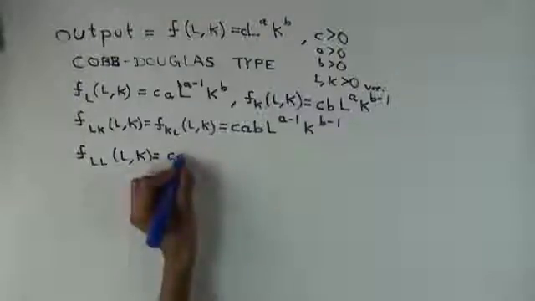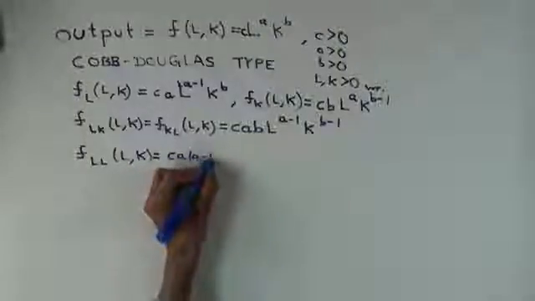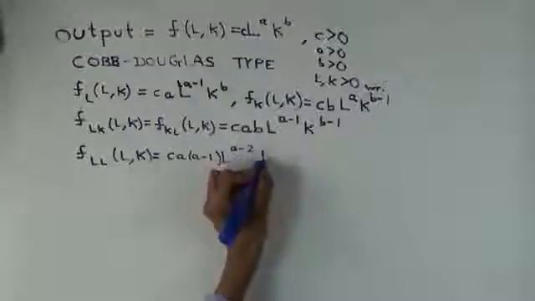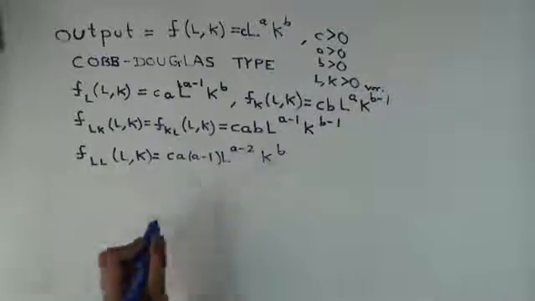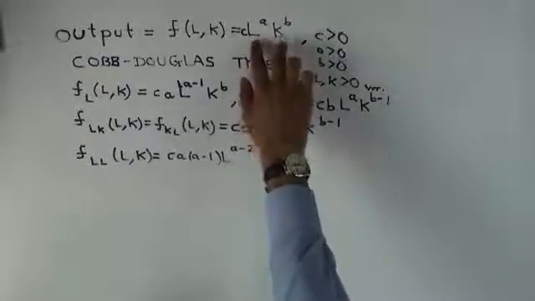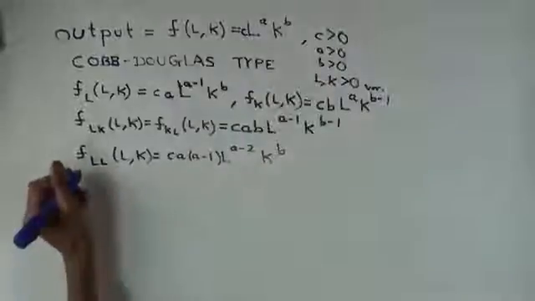For F sub LL, you get C A (A minus 1) L to the A minus 2, K to the B. This part remains unaffected and this part just gets differentiated. That's how multiplicatively separable things work. Each piece gets differentiated with respect to its own variable.